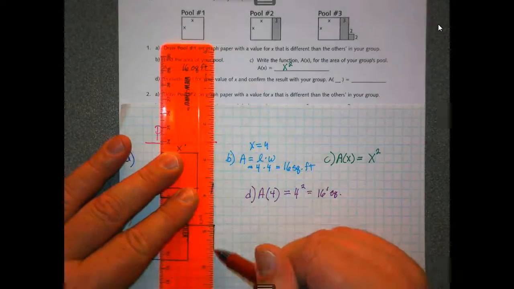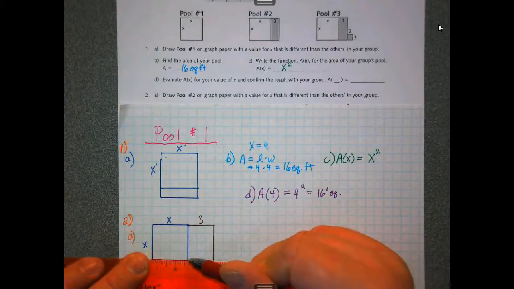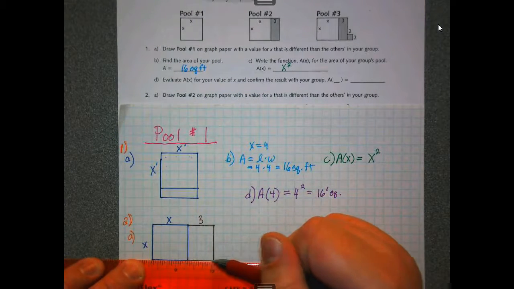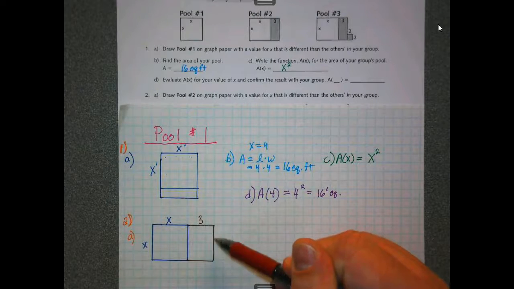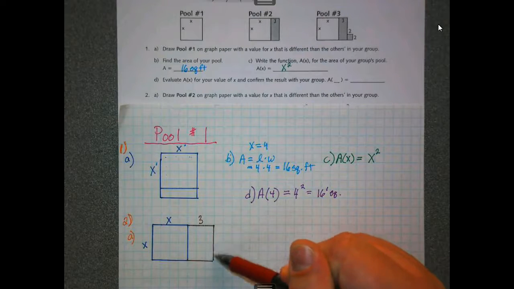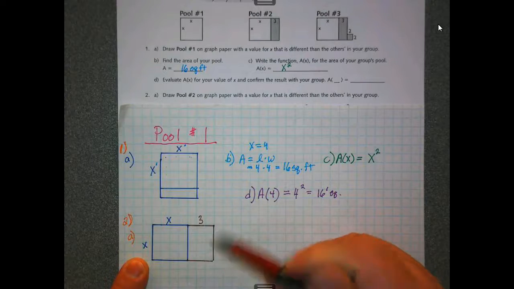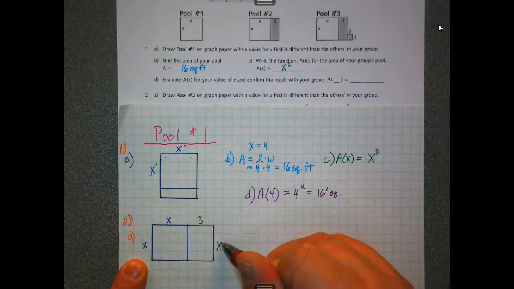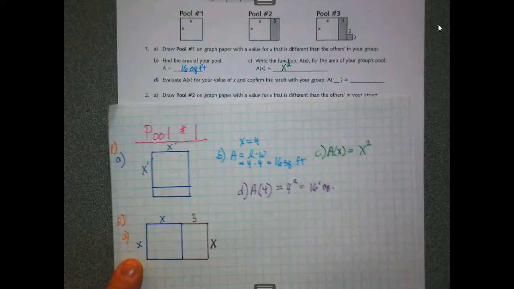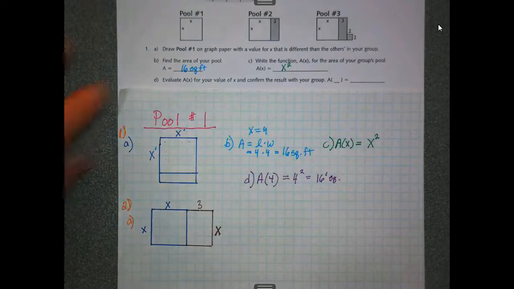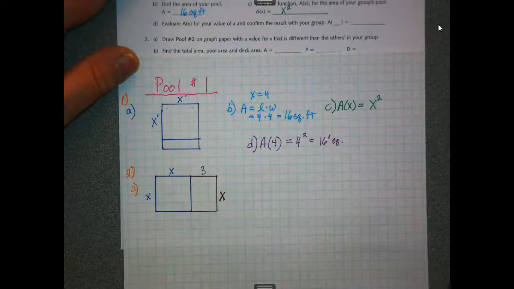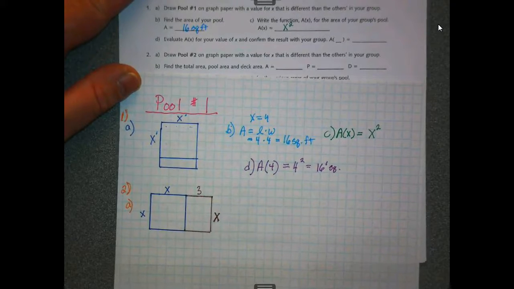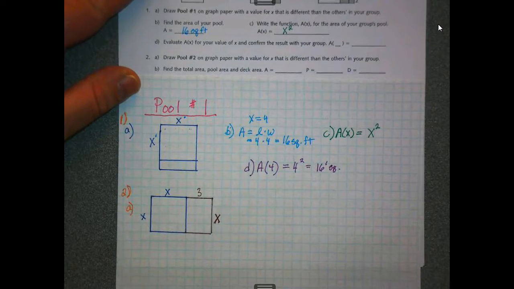Go down here, add my little deck. What's the length of this side? Whatever that is. What's that? It's x, right? X. Now this is kind of confusing. It says find the total area.